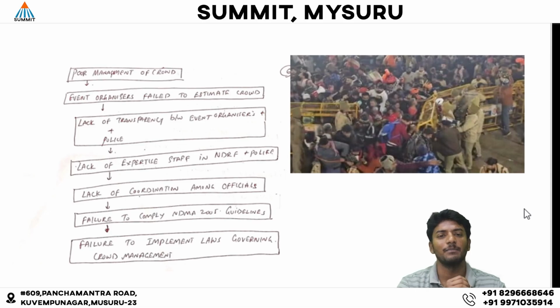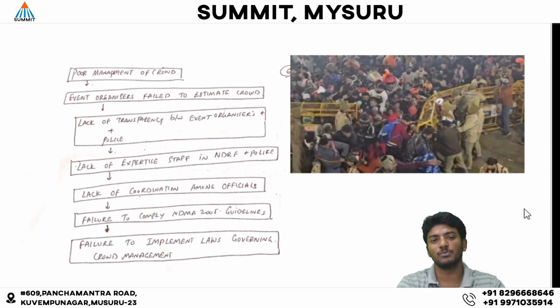And if you look at stampede incidents, they are recurrent. Within the span of these two years, there are a number of incidents that have taken place. The Mahakumbh Mela incident, where the stampede took place. Delhi metro station, the stampede took place. Hathras incident, where the stampede took place. Tirupati, the stampede took place. And Chinnaswamy Stadium, the stampede took place.